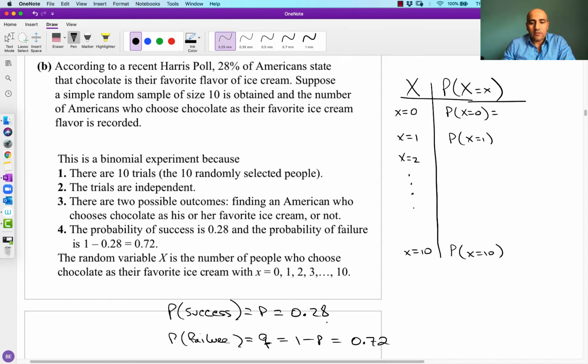These two have to add up to 100%, right? Because they're binomial. There's only two possible outcomes. Either they said yes or they said no, and so they add up to 100%. Okay, so let's move on.